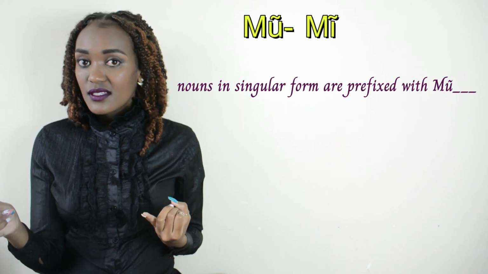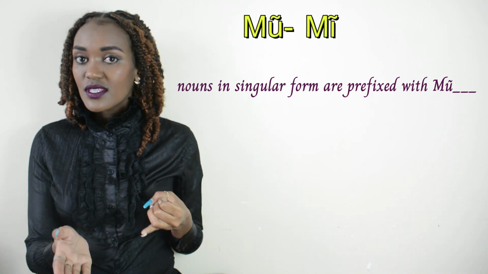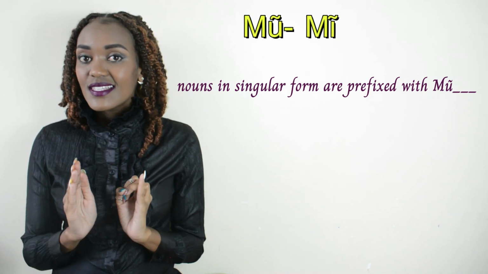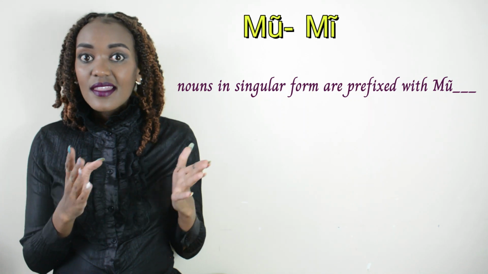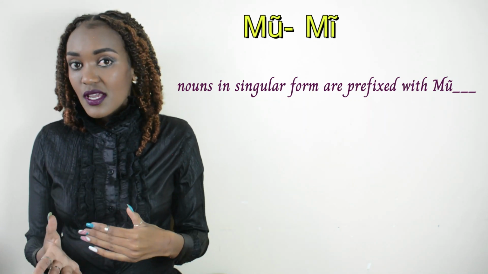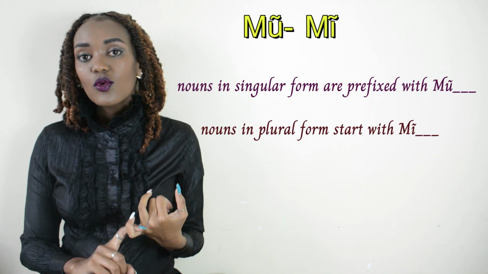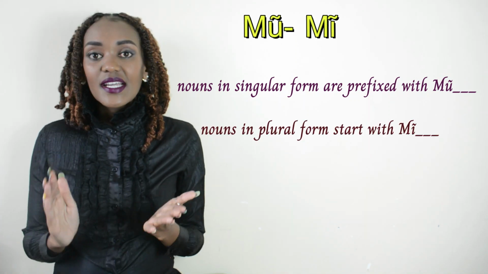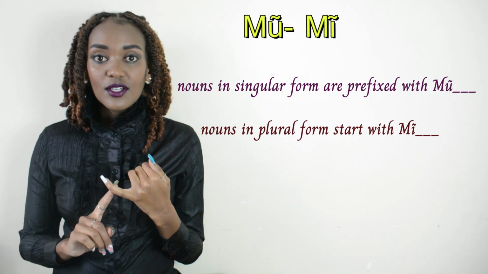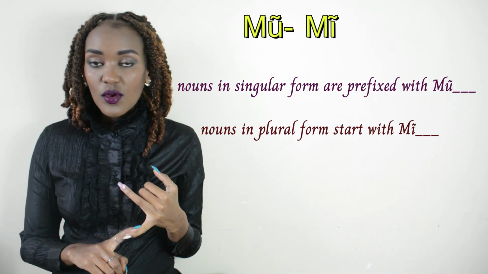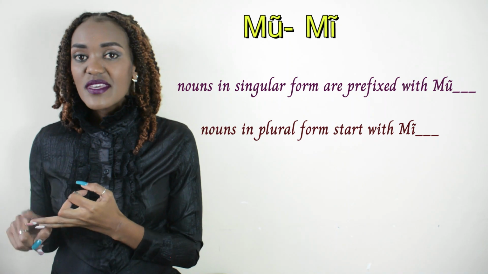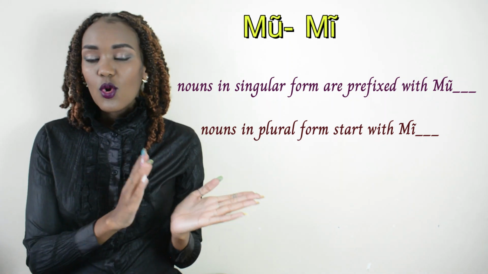Our first noun class was also the same, but we said those are just people. But in this case, it will be any other noun that is not a person but starts with mo, and their plural will start with me. Again, the singular will start with mo, the plural will start with me. So that's why we are calling it mo, me.